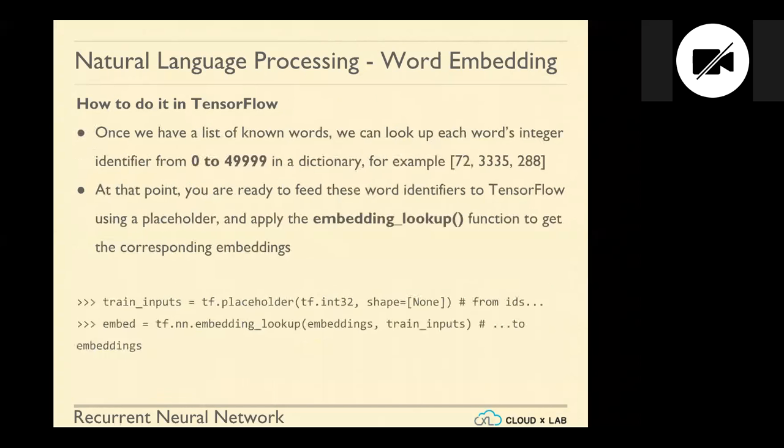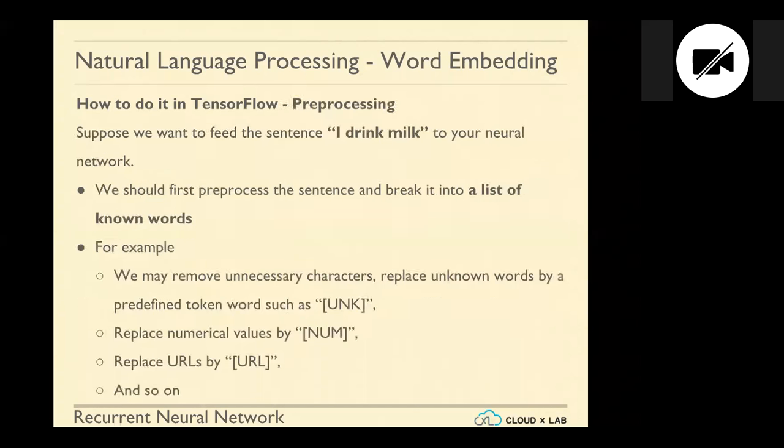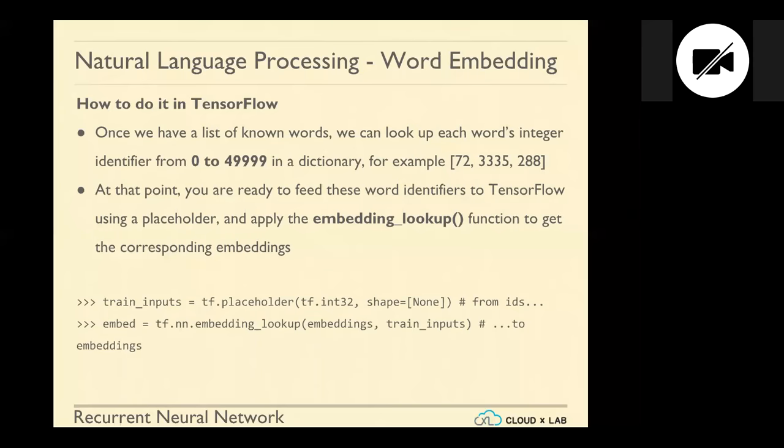Once we have a list of known words, we can look up each word's integer identifier from 0 to 50,000, before 50,000. Say, for example, the first word is 72, the second word is 3335, and then 288. So instead of feeding "I drink milk", we will feed these numeric values from the dictionary.